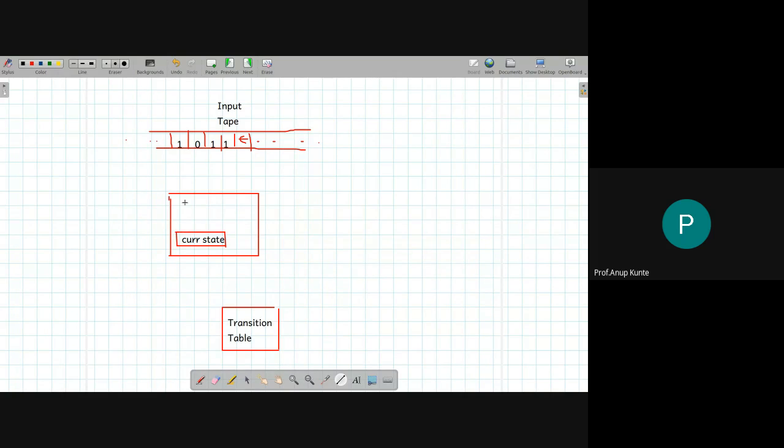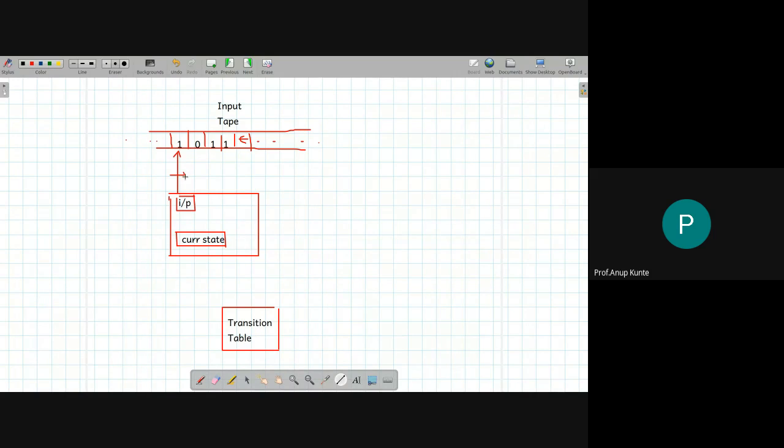Then I have another box which stores the current input. There is a tape head, and the movement that the tape head has is one cell to the right.